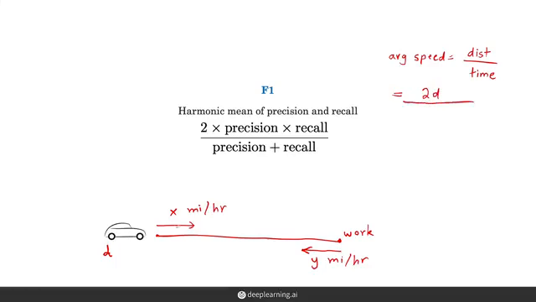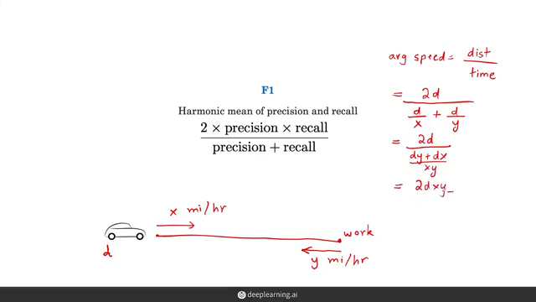And our time going to work is our distance d divided by our speed, x, and our time coming back from work is our distance d divided by our speed, y. And so we can continue to work with this expression, simplifying it to 2d over dy plus dx over xy, bringing xy on top.